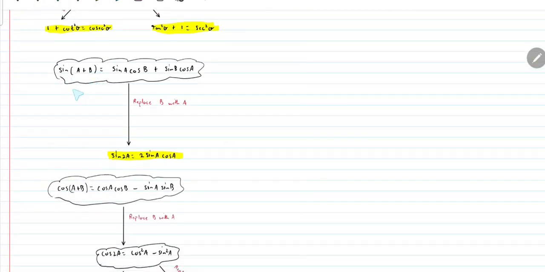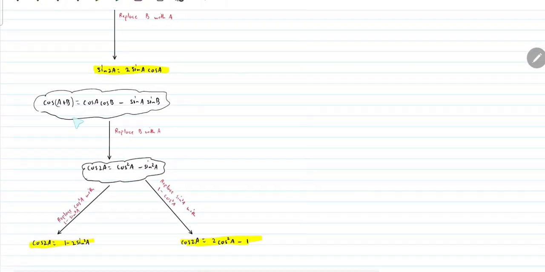Now, once you know the compound angle formula, sine of a plus b is equal to what I have over here. If you replace the b with the a, you can automatically end up with the double angle formula. Right? Because replacing that b with that a is effectively having 2a in there. And same thing with cos.